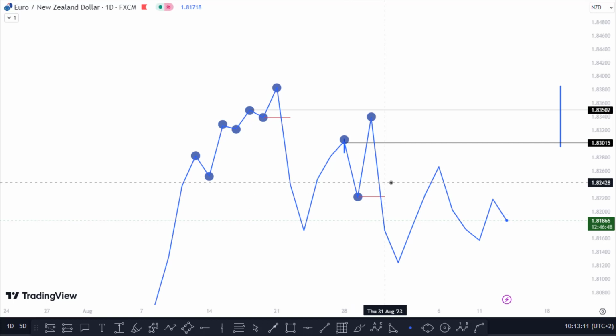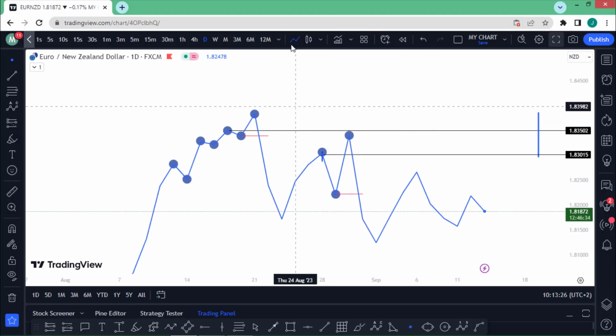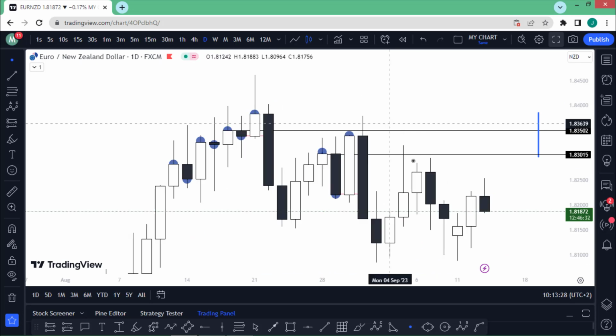On line chart, you must see it on line chart. That is the rule. It's not about ranges, because when it comes to ranges, we consider the wicks. I'm simply showing you invalidation pattern and how to validate it. So you switch to your candlestick chart.